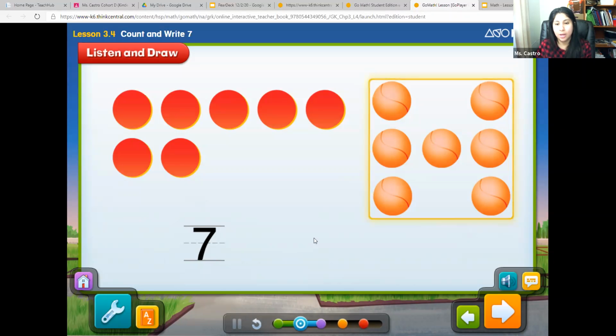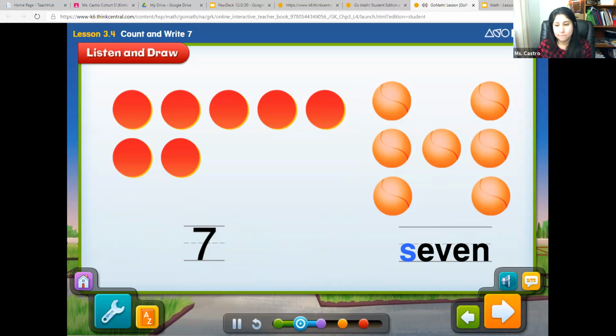And what they're showing you with these tennis balls is the word 7. So they're going to show you the letters to form the word 7. The word 7 is spelled S-E-V-E-N. 7. Now you know how to show 7 using a number and a word.